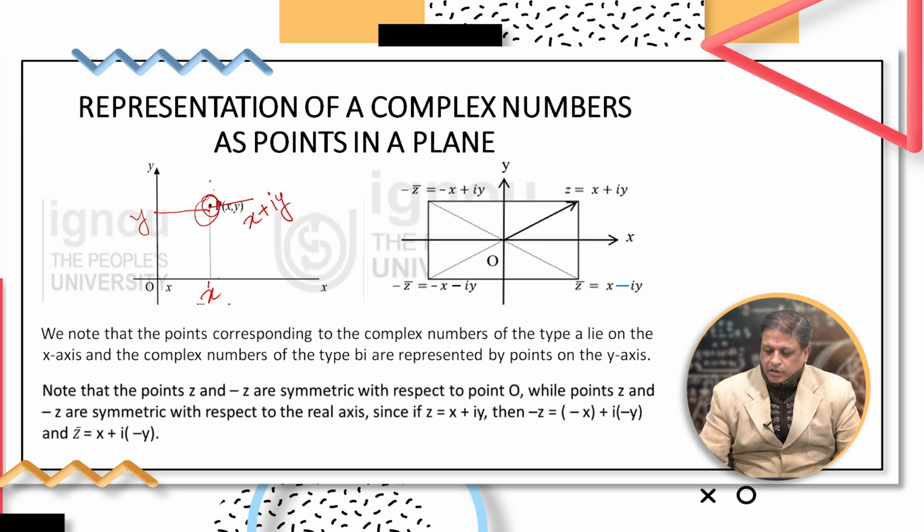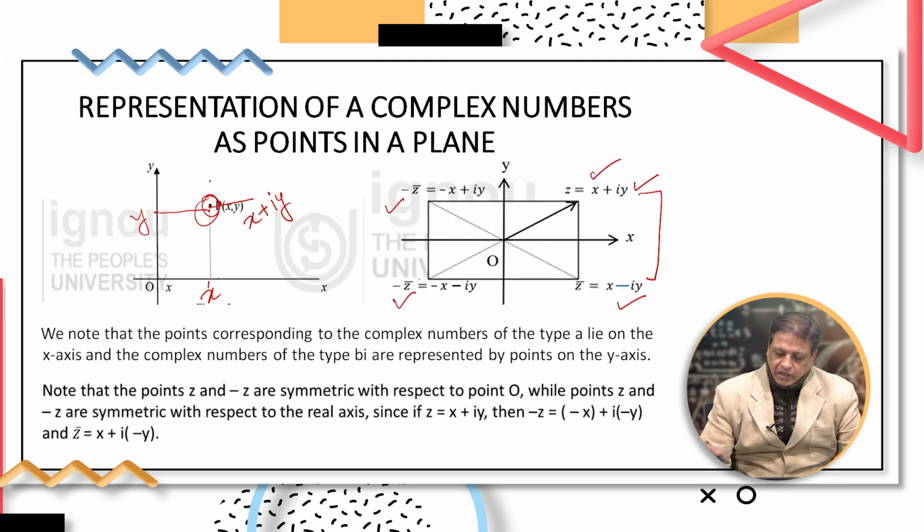Likewise, we can have x plus iy lying in the first quadrant, and x minus iy will be lying in the fourth quadrant, and x minus iy is actually the conjugate of the complex number expressed in the first quadrant. Similarly, we can express the complex number in the other two quadrants.